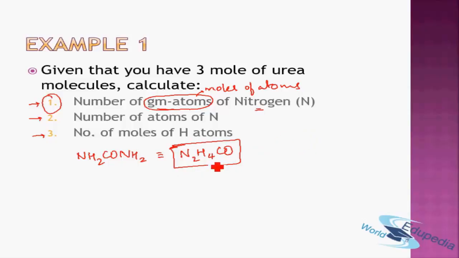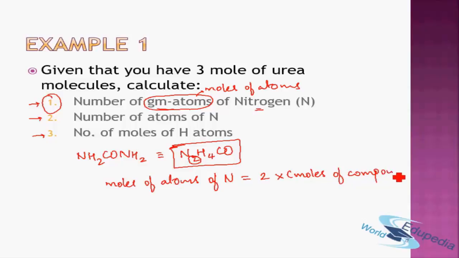For example here, moles of atoms of nitrogen will simply be equal to the stoichiometry of nitrogen in the molecular formula. The molecular formula of urea is N2H4CO, so the stoichiometry of nitrogen is 2 over here, so the answer will always be 2 into moles of the compound.